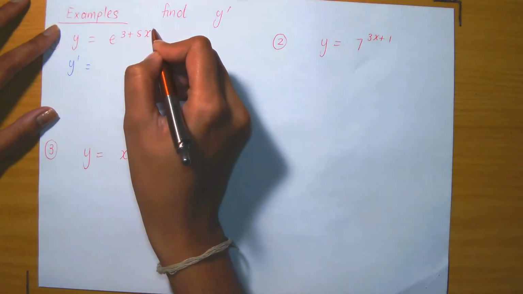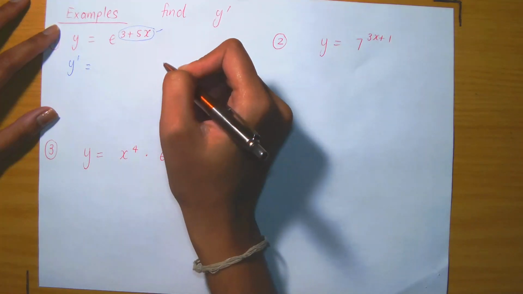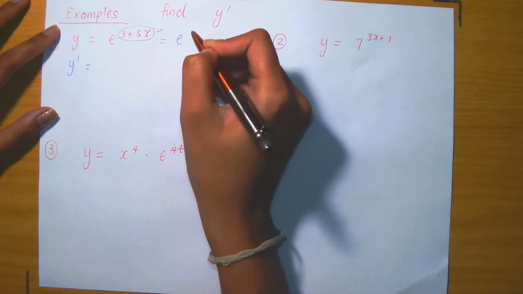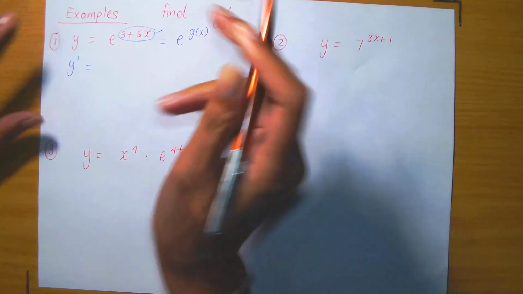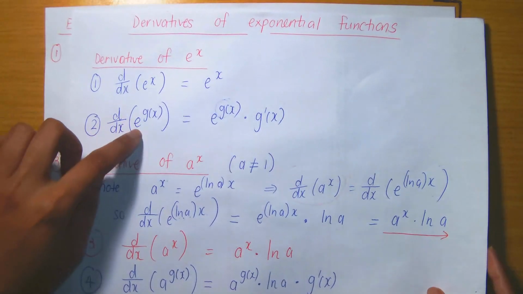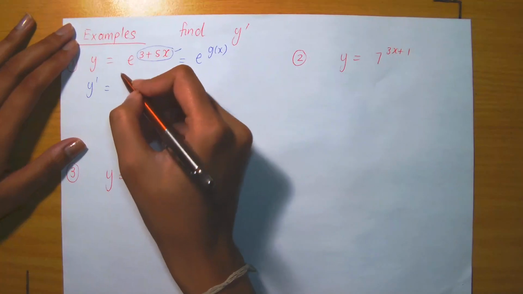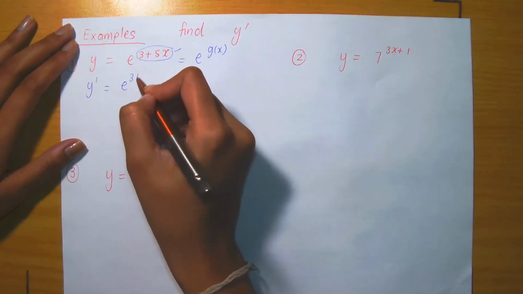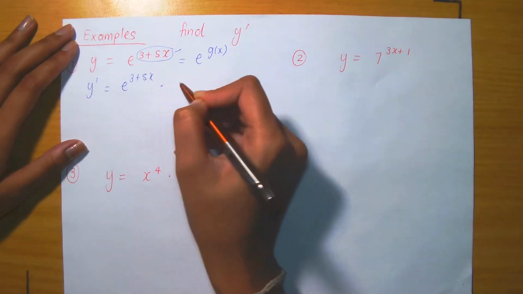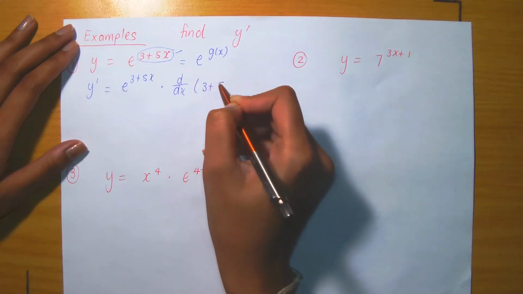So immediately observe base e raised to some function. So this is essentially e raised to g of x. So we know we're using our second formula in here. The derivative of e raised to some function is e raised to that function times the derivative of that function.